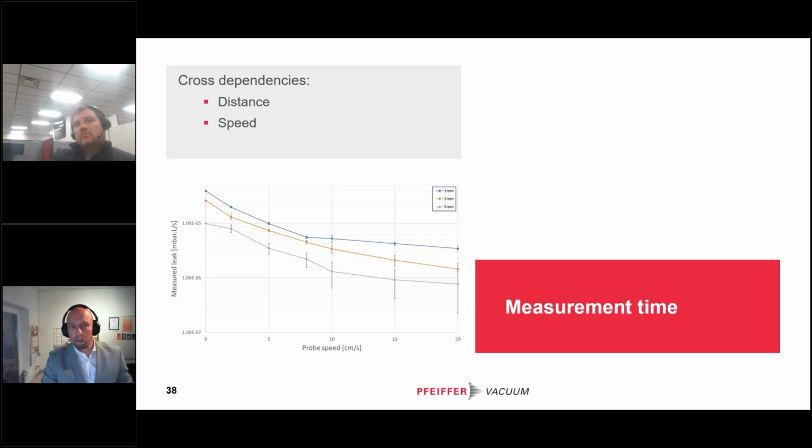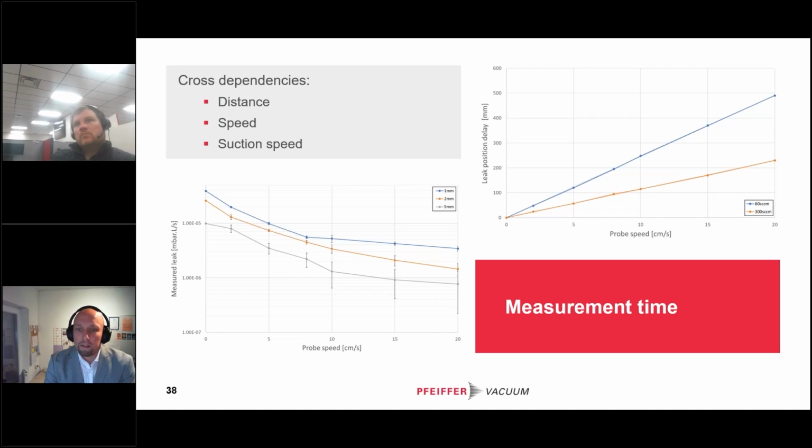On the other hand, what you can also still change is the suction speed of the sniffer probe. You see here again, the suction speed correlates to the probe speed. And we see on the y-axis the leak position delay, which means how many millimeters after the real leak we will have the signal on our sniffer, on our leak detector display. You see that the higher the suction speed, the smaller the leak position delay is compared to the probe speed.